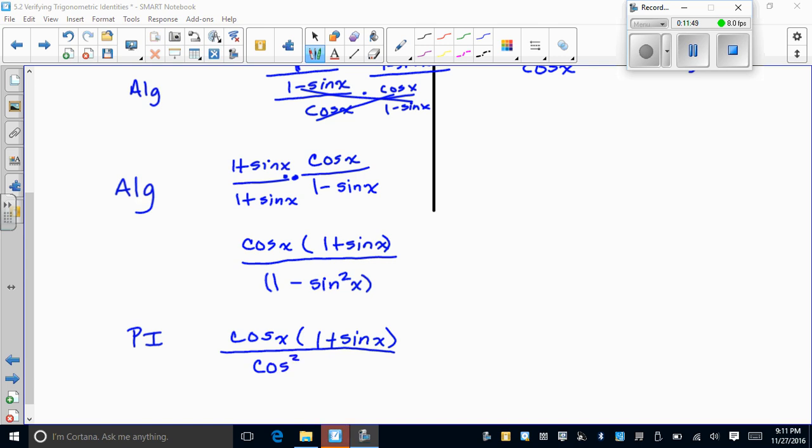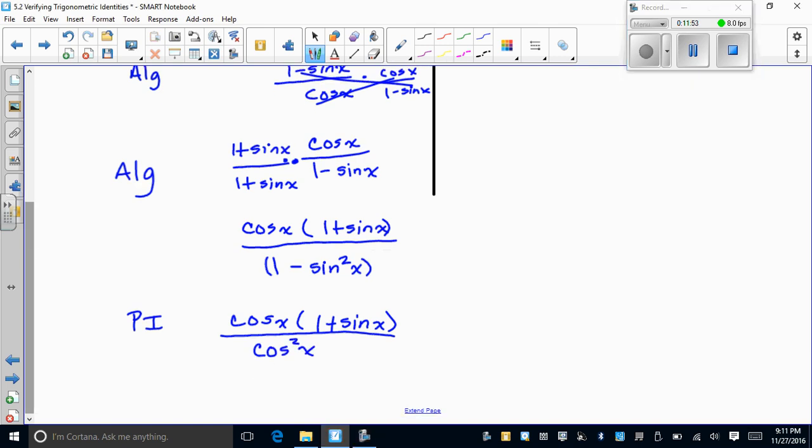So we continue this down. Extend this line. We're almost done. Because I have a cosine here, which cancels out with this guy there. So we can reduce, algebra, whatever you want to call it. I get 1 plus sine of x over cosine of x.